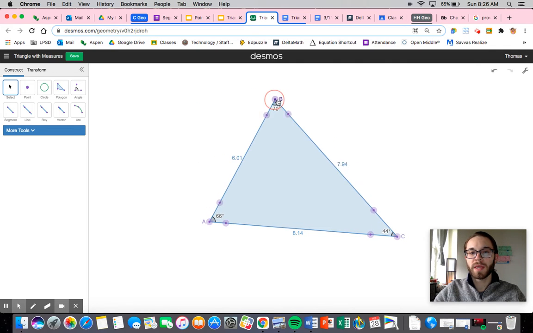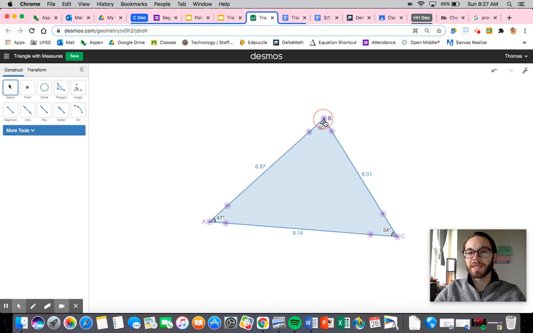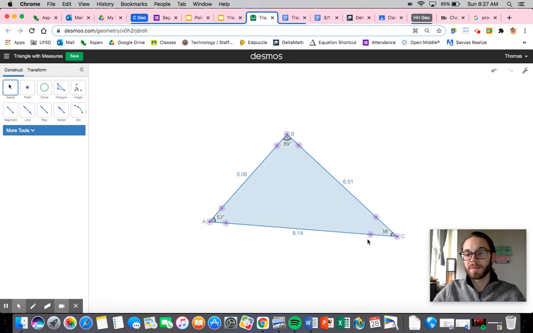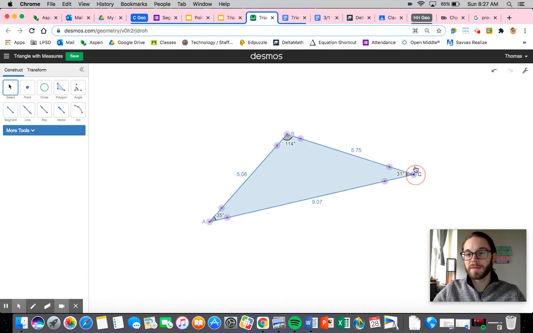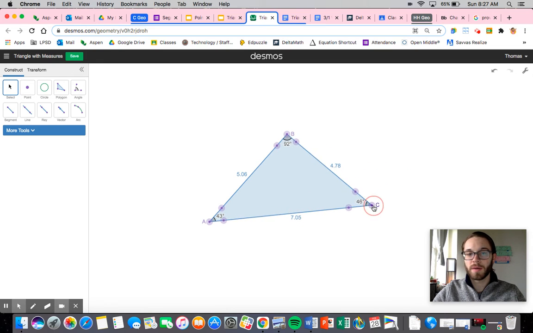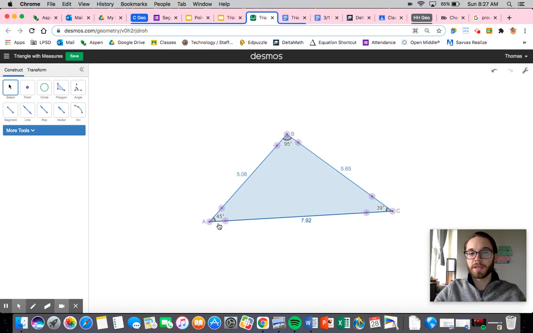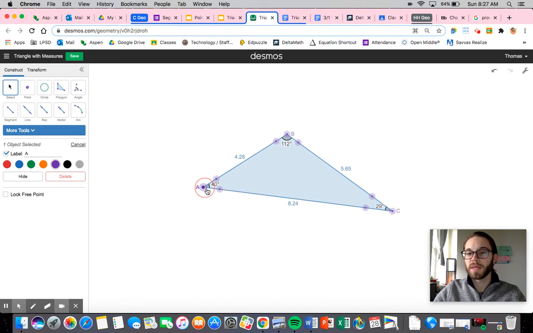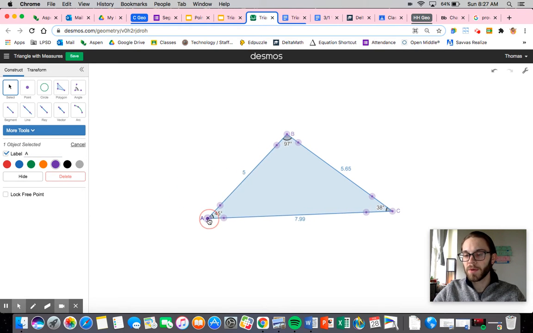As I move B, this length's not changing. The angle is, but the length itself is not changing. Now if I'm moving C, the length of AB is not changing. And if I'm moving A, the length of BC is not changing. So that's something very important to consider.